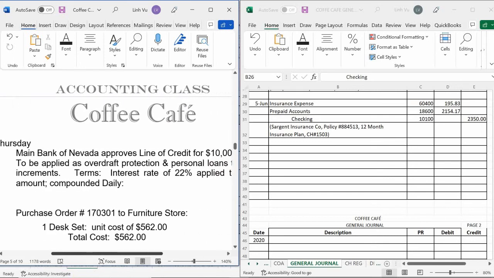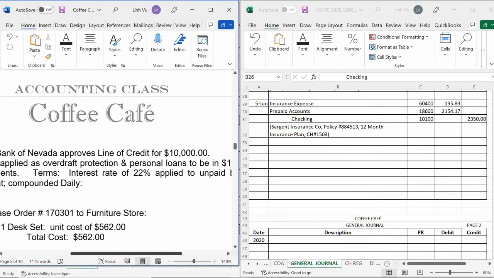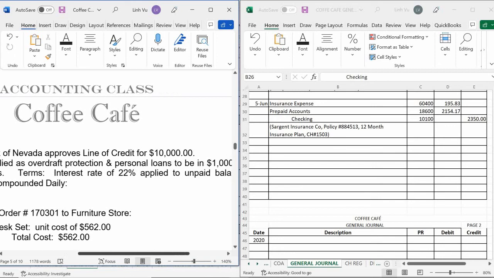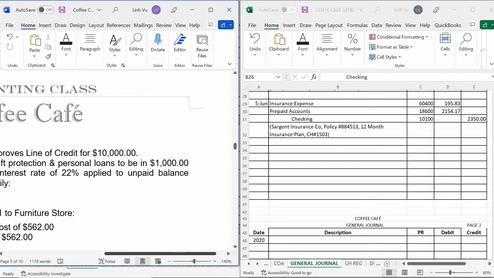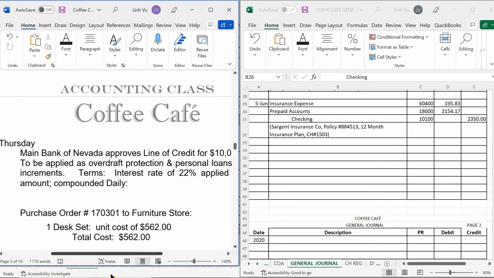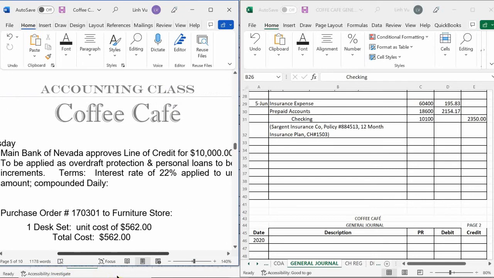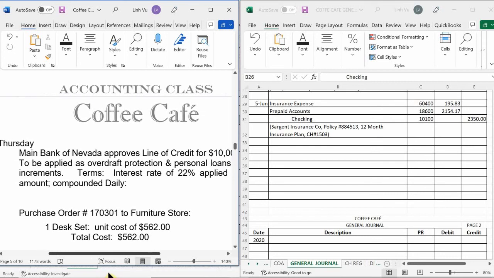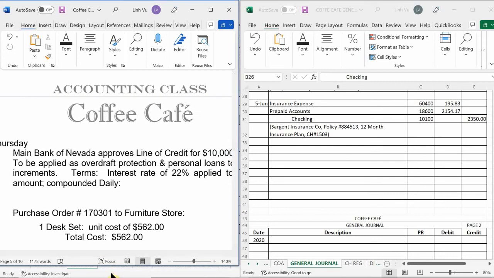Terms and interest rates are 22% applied to unpaid balances, compounded every day. Where are you? Oh, okay. I see it.